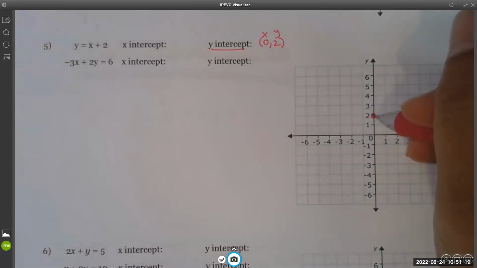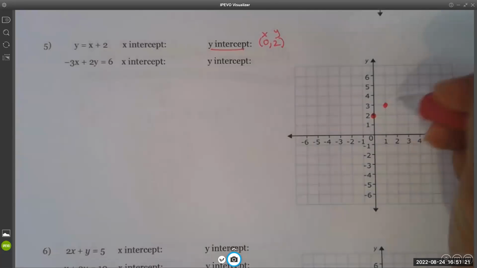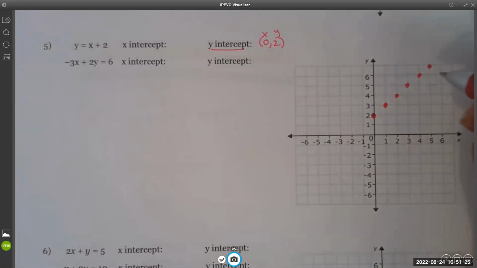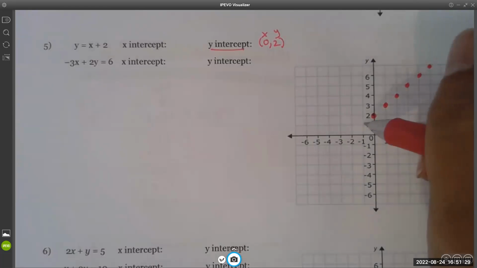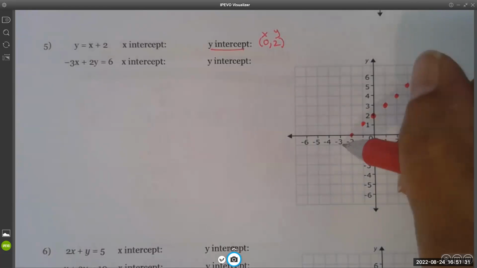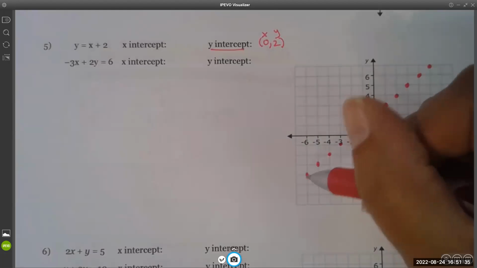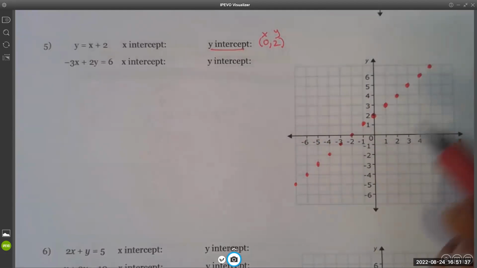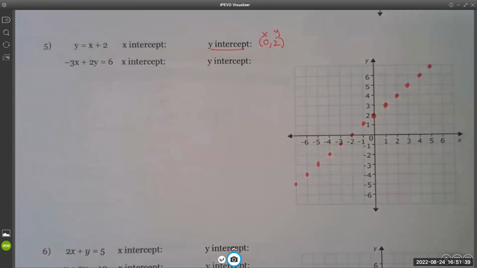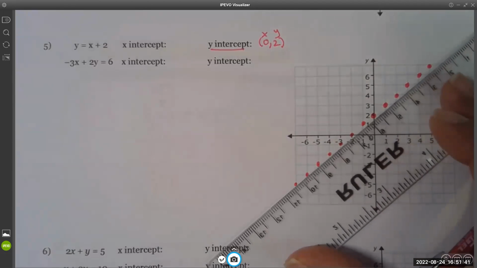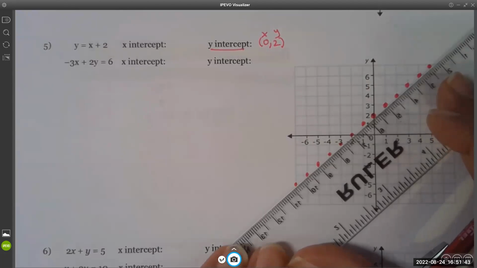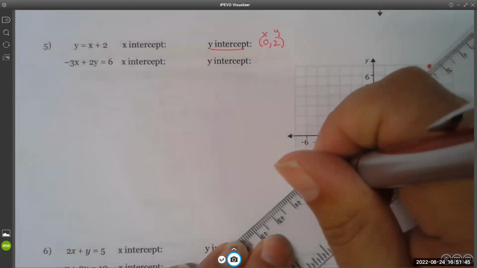So if I use my slope, I have a slope of 1. And if I keep traveling to the right, it's like I'm never going to intersect the x-axis. And so in this case, you are using the slope backwards. And this is only just one way to find the x-intercept. And so in this case, the x-intercept is -2.